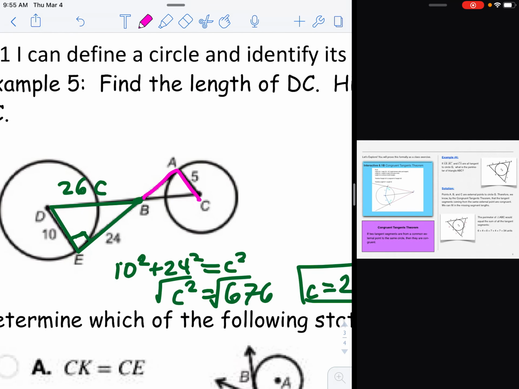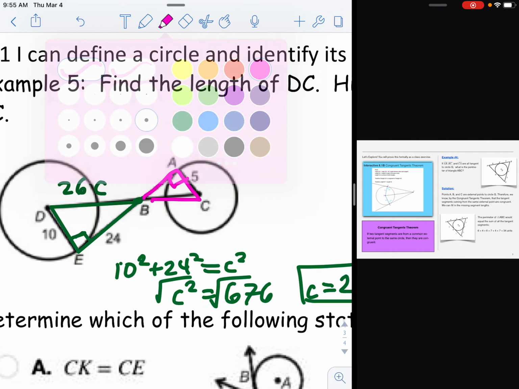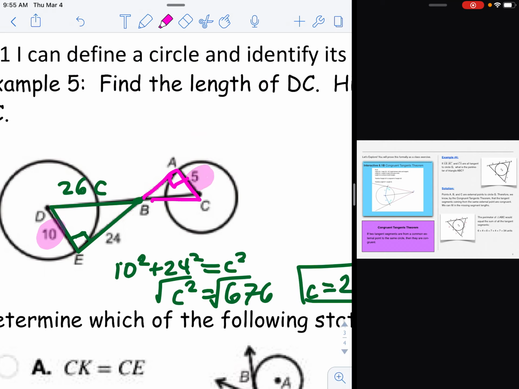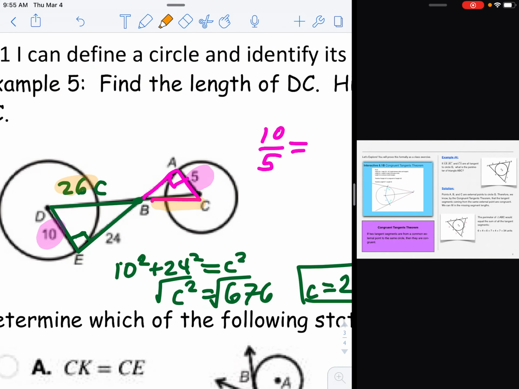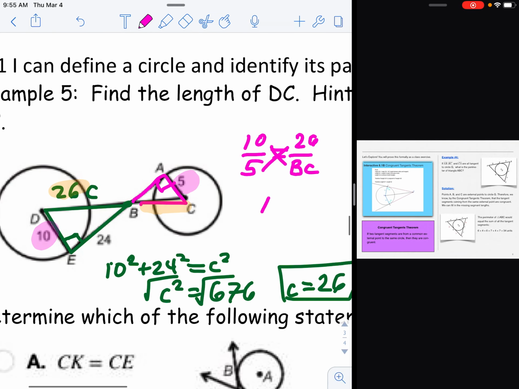Now, this is also a right triangle, and it said it's similar. So what we can do is set up a proportion, 10 to 5. Well, we need to find BC, so that's going to be 26 to BC, equals 10 to 5.